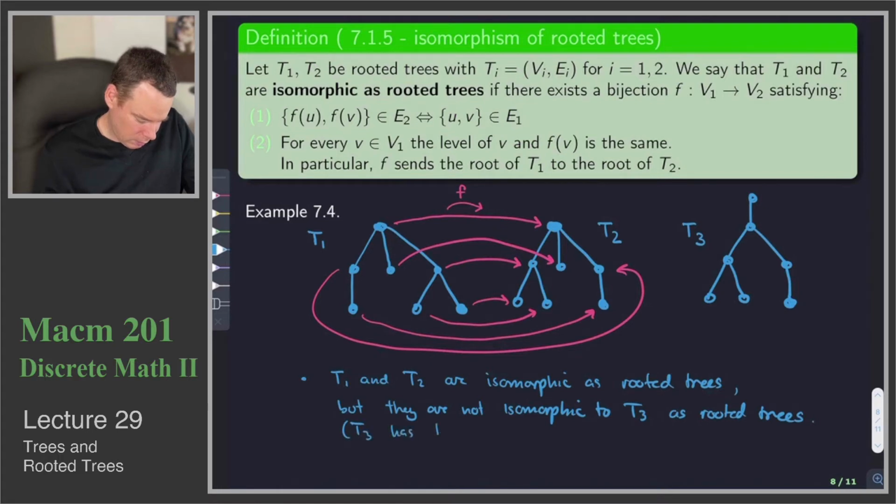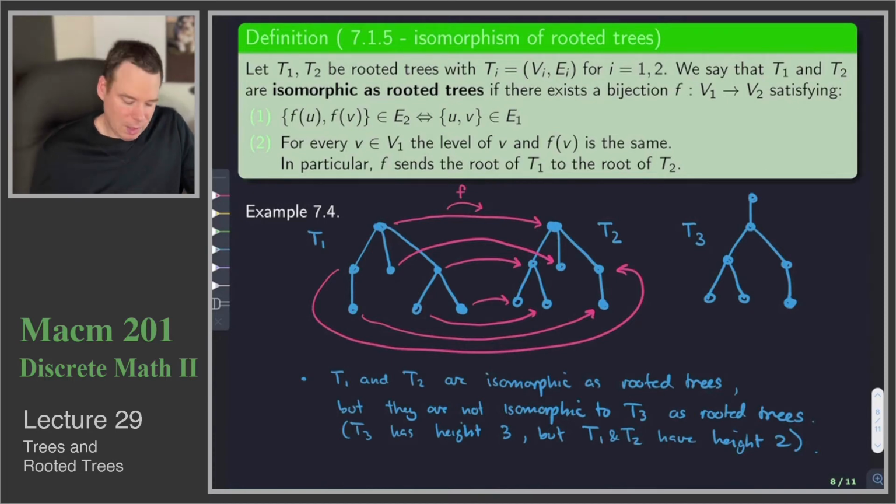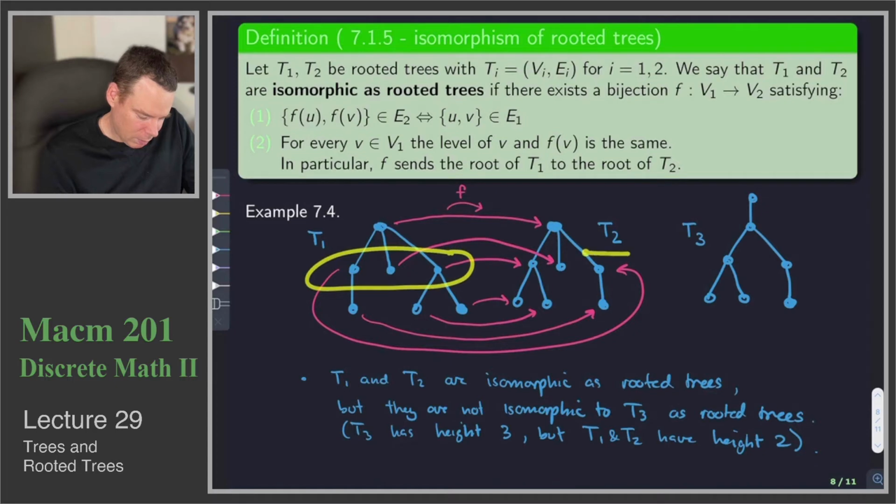T3 has height 1, 2, 3. So I got the height by just counting 1, 2, 3, the length of the longest path down it. But T1 and T2 have height 2. If they were isomorphic as rooted trees, they would also have to have the same height, because the isomorphism of a rooted tree means that all vertices at a particular level get mapped to all vertices at the same level.